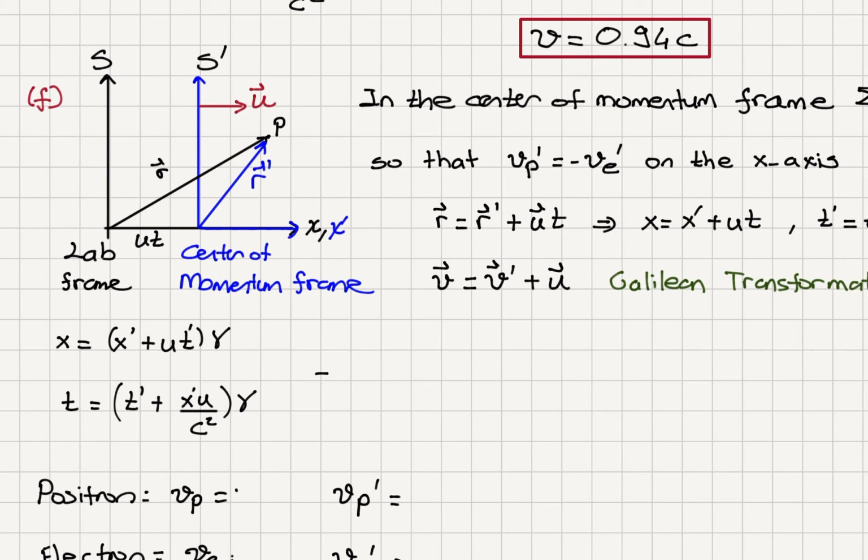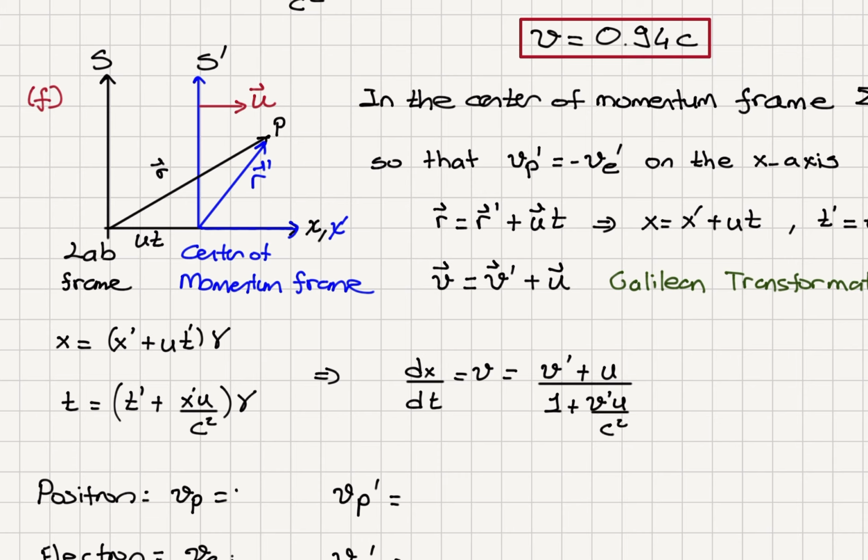And if we take the time derivative, dx/dt, basically v, the velocity measured in the unprimed reference frame, is equal to v prime plus u divided by 1 plus v prime u over c squared.